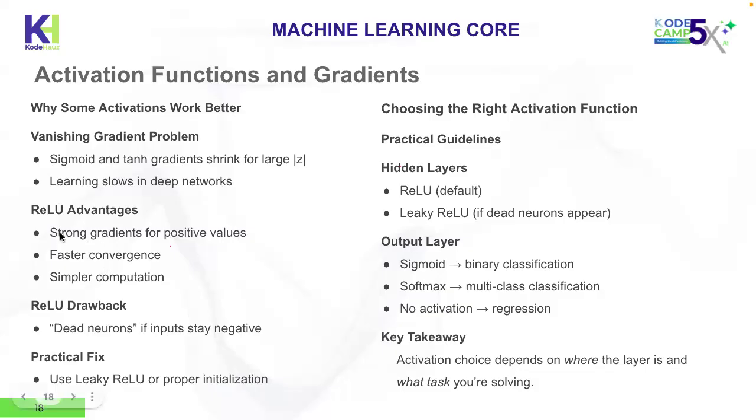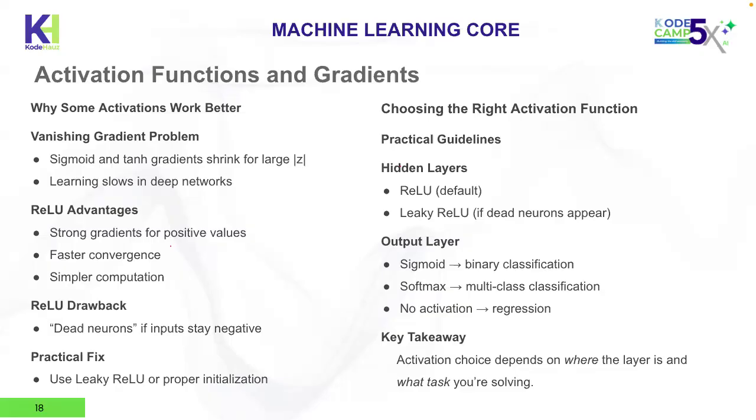So that's the problem with this. ReLU, on the other hand, has a strong gradient because the ReLU does not flatten out. ReLU continues to increase. As the signal increases, the output continues to increase. So it converges faster and it's simpler to compute. Like I said, you just use an if statement. Okay. But the problem with ReLU is there's a non-linearity. It's a piecewise combination of two functions, the zero line and the Z line.